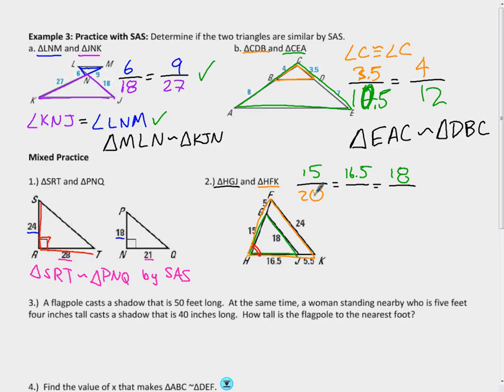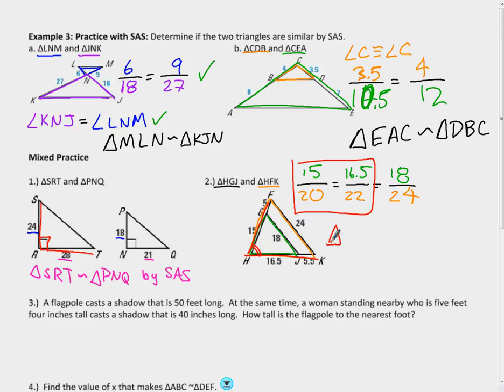Are all those ratios the same? So, what do those all simplify to? 3 over 4 again. So, either I can show that all 3 of them are the same, or if I just show that this side matches this side, and that this side and this side are equal, I can show by SAS or SSS that triangle HGJ is similar to triangle HFK.